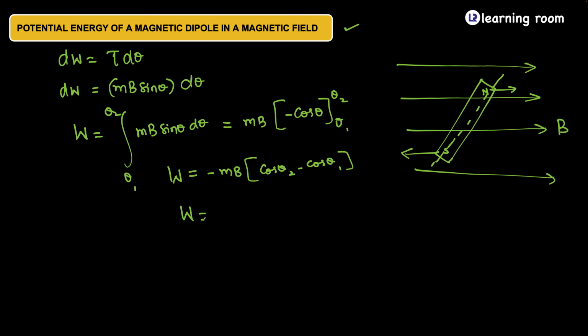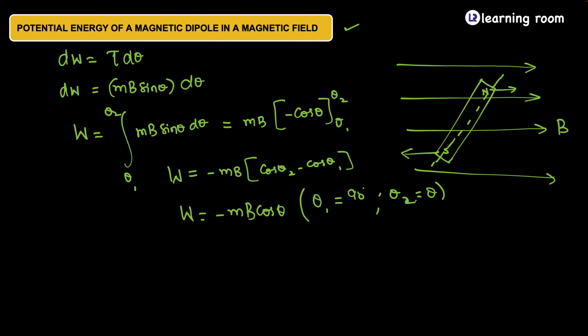So for the work done, if you take cos theta 1 to be 0, that is, if the initial angle was 90 degrees, you can write it as minus mb into cos theta, taking theta 1 as 90 degrees and theta 2 as theta itself.